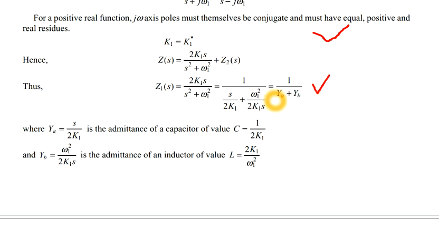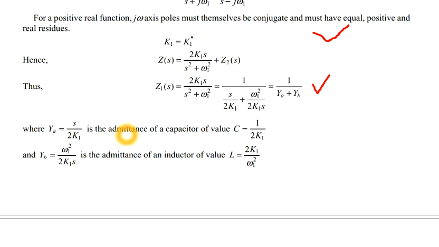So here I am considering it as Ya plus Yb, because it is in the denominator, whereas it is Z and also it is 1 by something. For Z, when there is 1 by some denominator, the denominator must be admittance. So Ya is s by 2k1 and Yb is omega 1 square by 2k1 s.